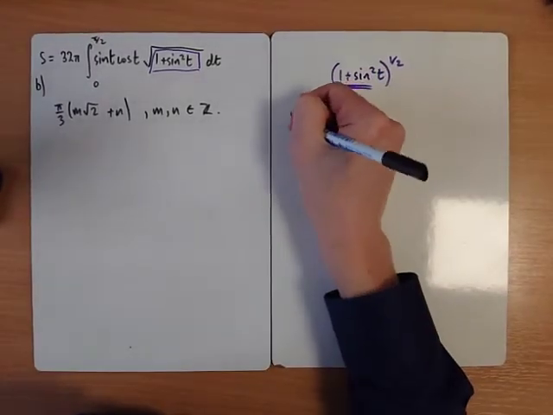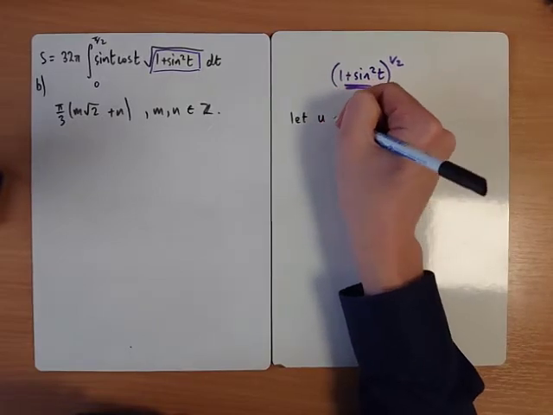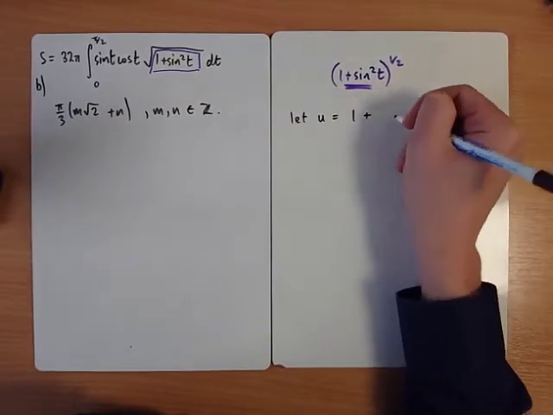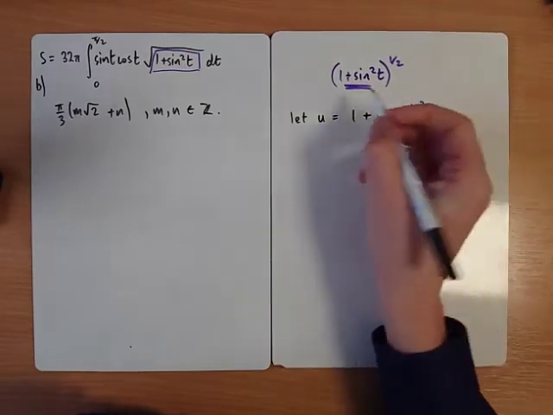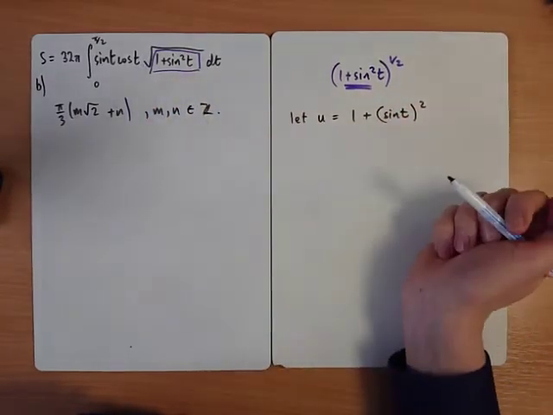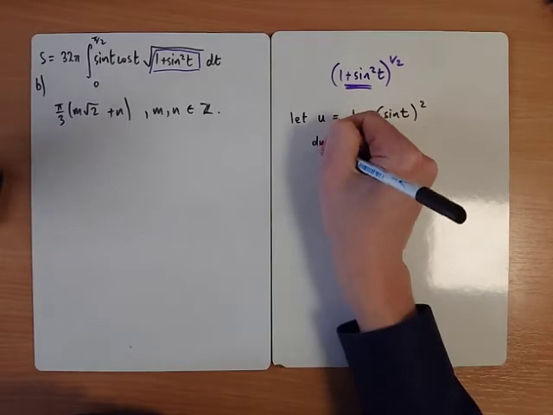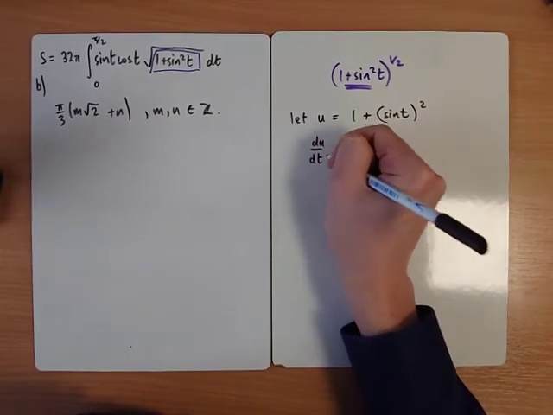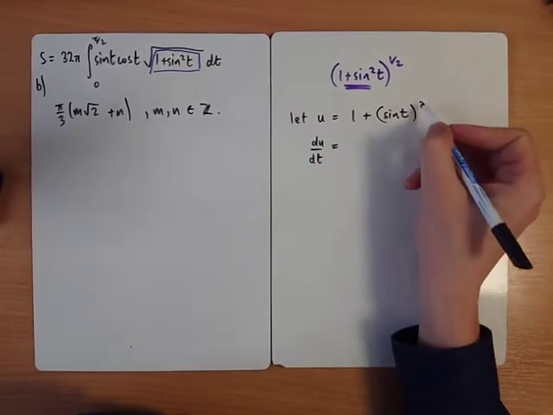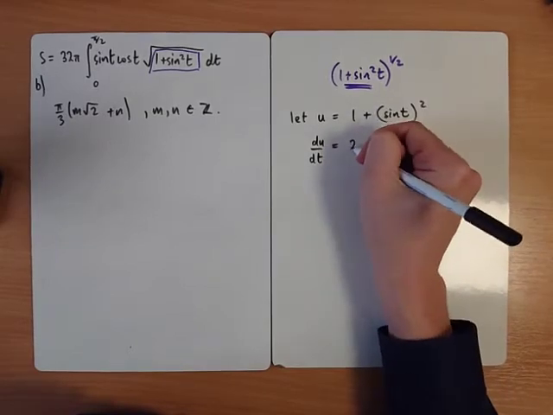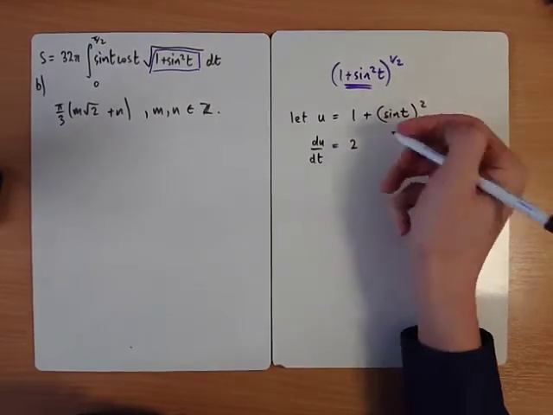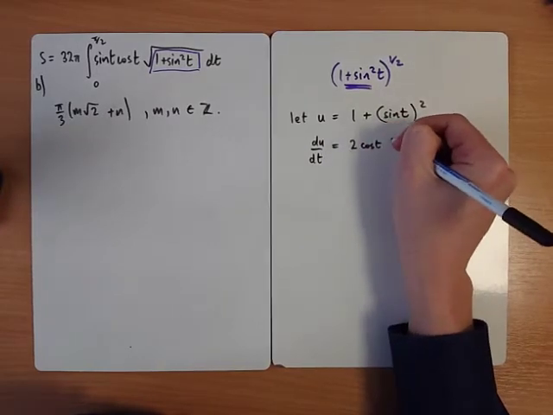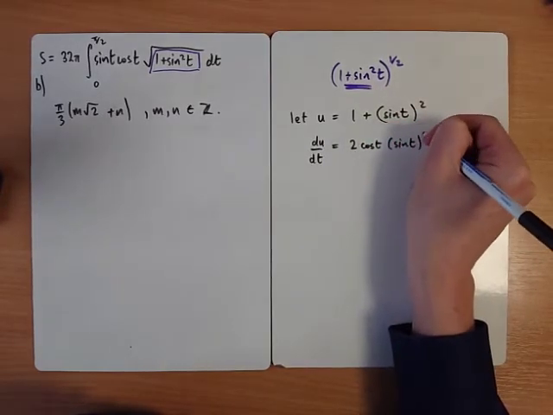If we let u equal 1 plus sine squared, so all of that thing we write as u, just a quick check to do the derivative: du by dt, the 1 disappears, times by the power, times by the derivative, take 1 off the power.